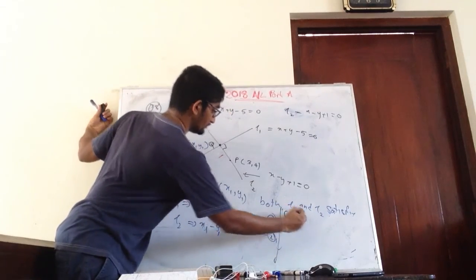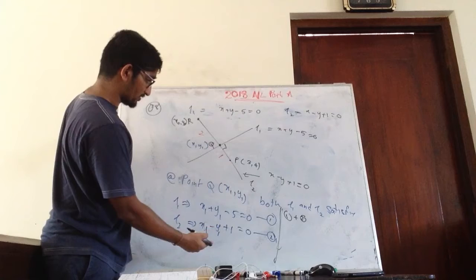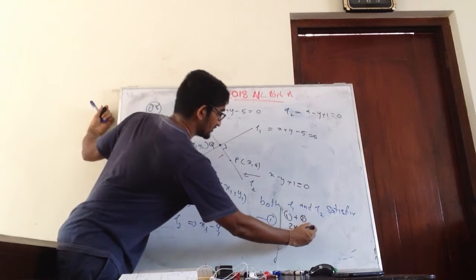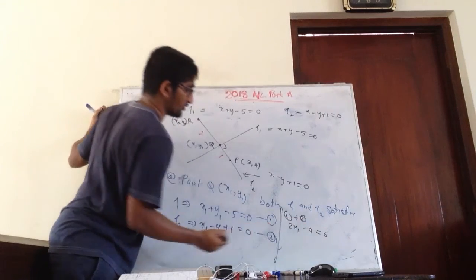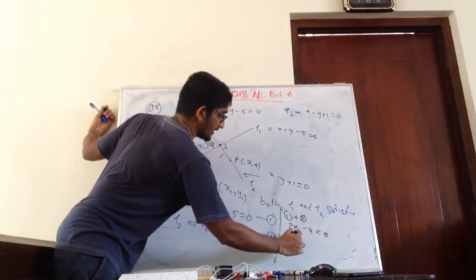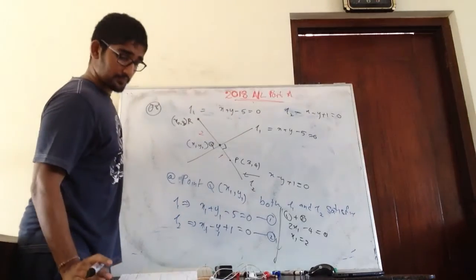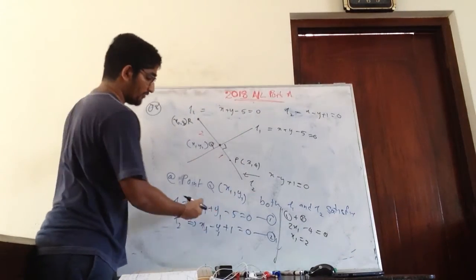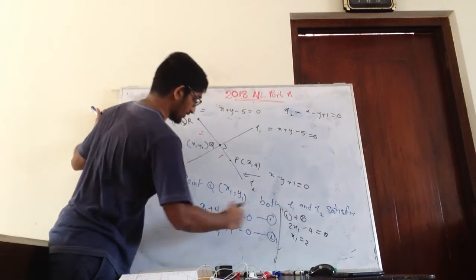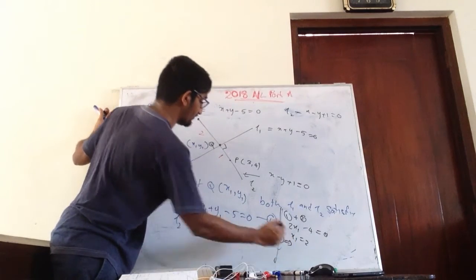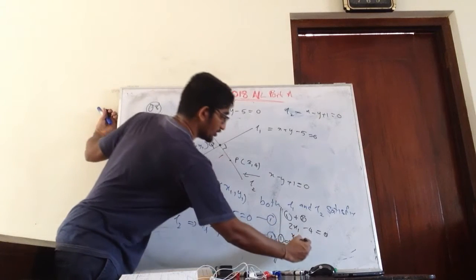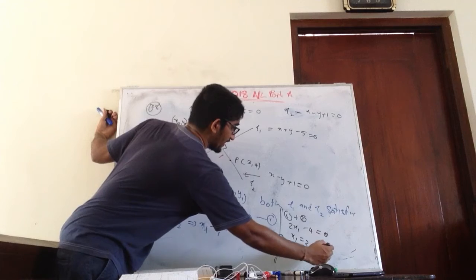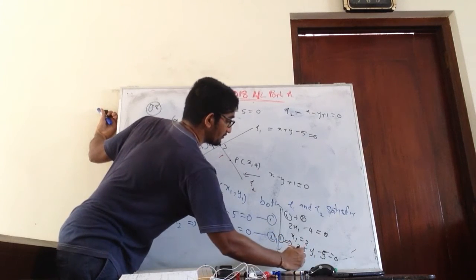If I take 1 plus 2, then I will get 2x1 minus 4 equals 0. Then I can get x1 as 2. Right? So if I know x1 is 2, we can get y1. Even from the first one, 2 plus y1 minus 5 equals 0, so y1 should be 3.